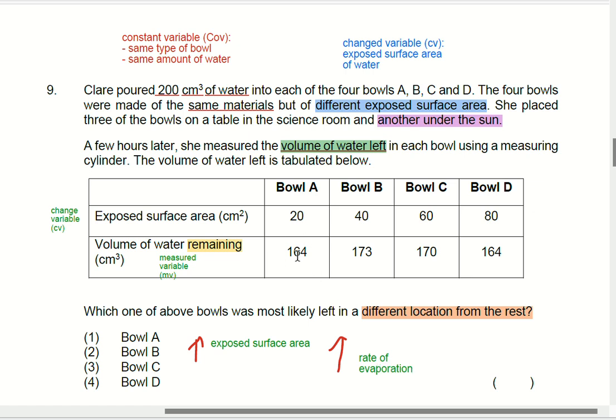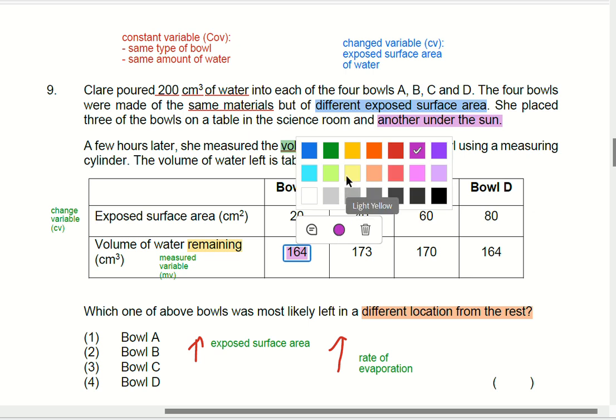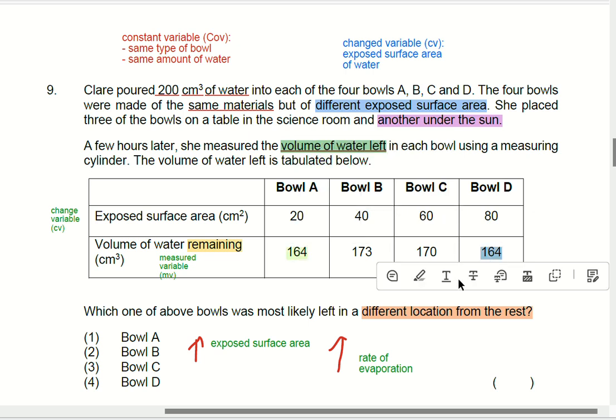But can you see this number 164 here? Let me highlight it in green. You can see that it's actually the same number as bowl D. To make it easier to see, let me draw a box.